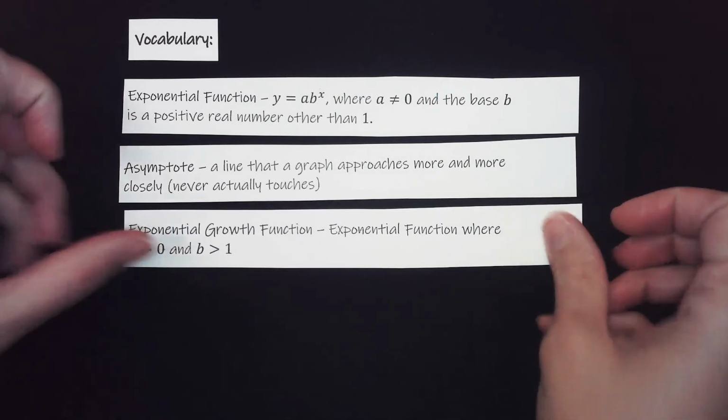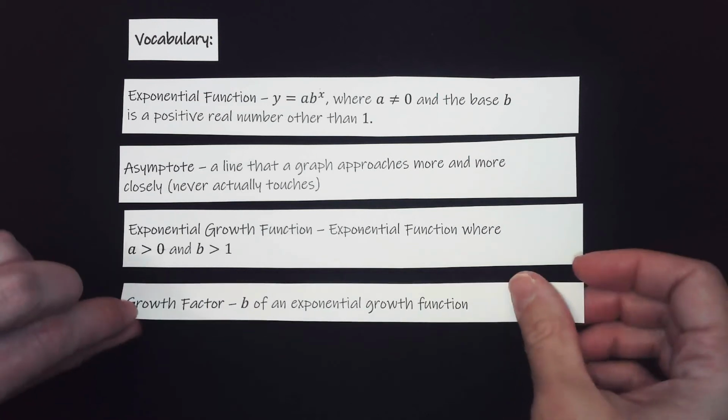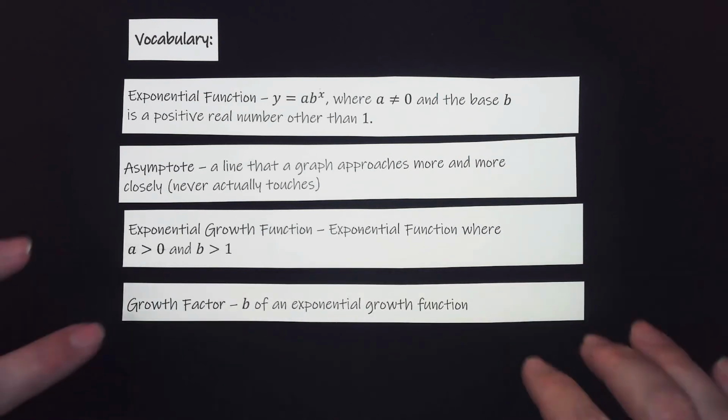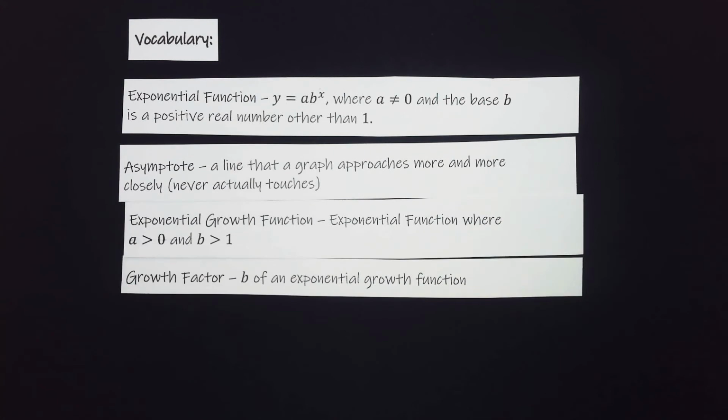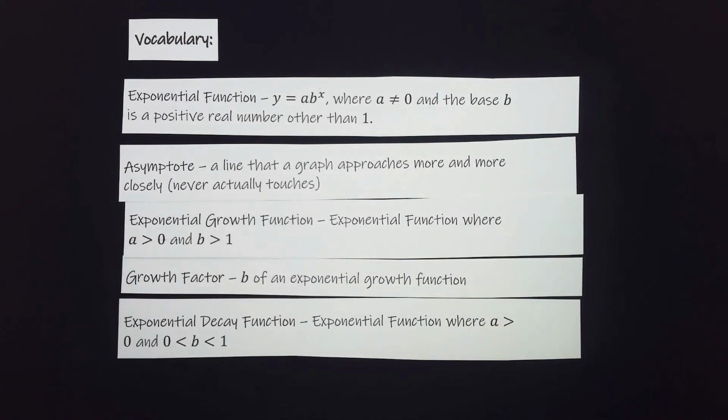We'll have exponential growth functions, and these are functions where a is greater than 0 and b is greater than 1. And that growth factor is b when you have an exponential growth function. We also have exponential decay functions, and that's where, again, a is greater than 0, but b is between 0 and 1.